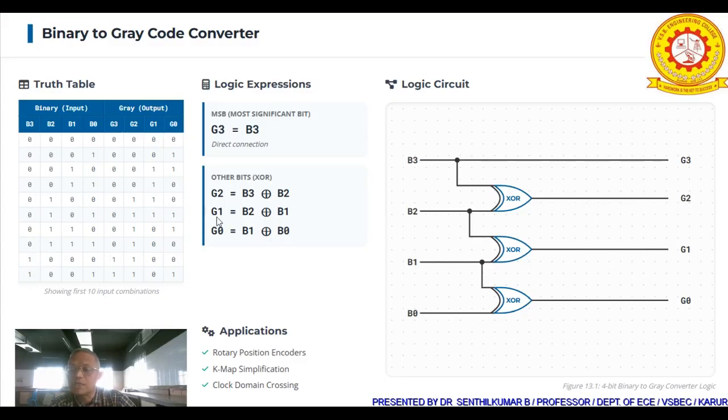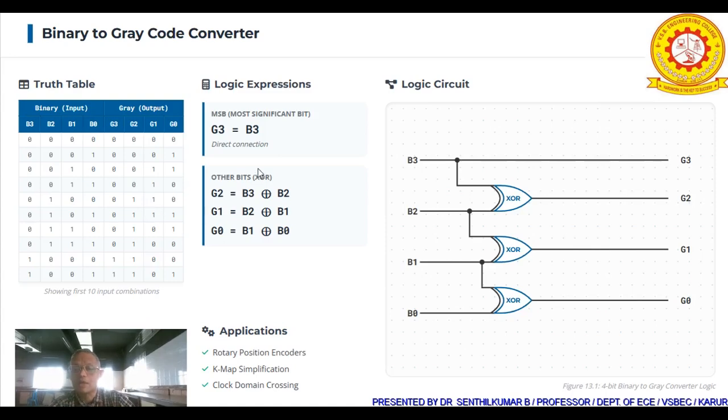Similarly here also, so easily you can put G3 is equal to B3. The rest can be derived as we discussed in the previous cases, like half adder and full adder design: how we implement the function and how we make the simplification. A similar procedure you have to adopt here also.